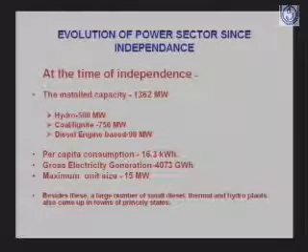And similarly, the per capita consumption was 16.3 kilowatt hour, meaning 16.3 units of electricity per person per annum was the consumption at the time of independence, and this number has grown to 665 today, 665 units per person. One must realize and appreciate what per capita consumption is.